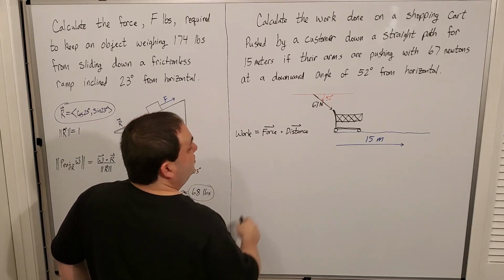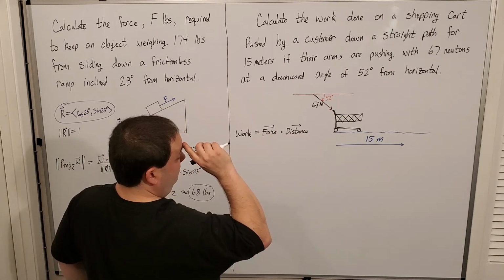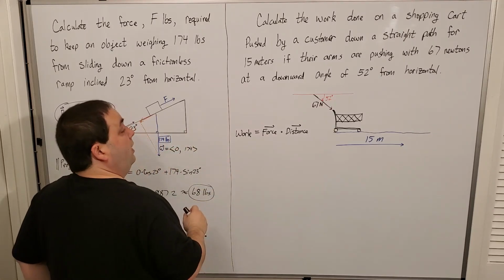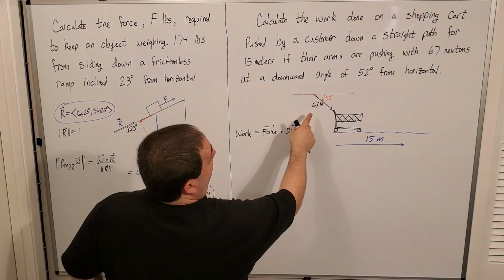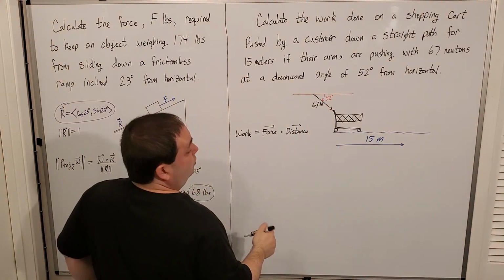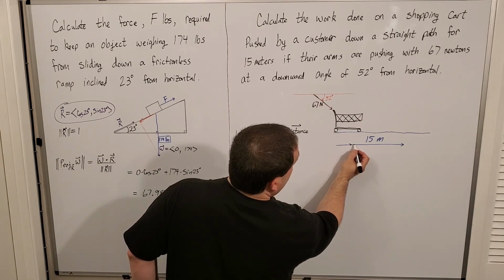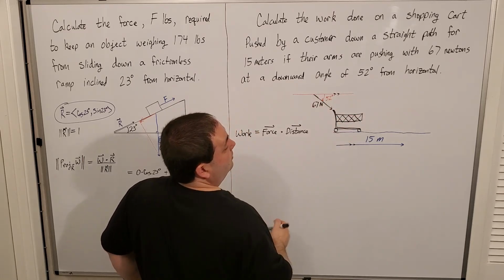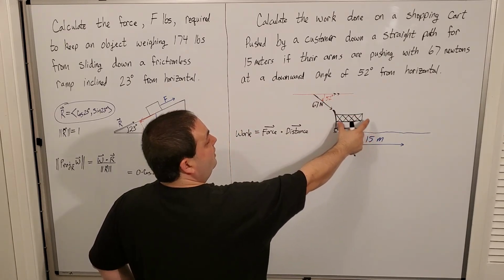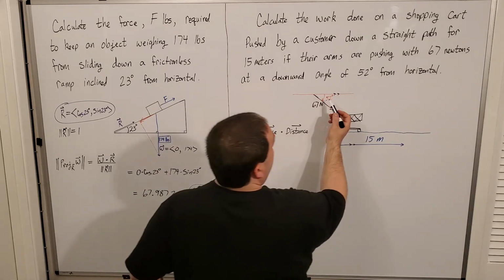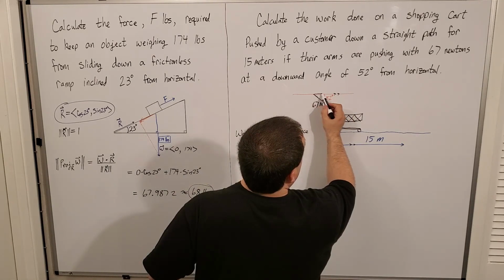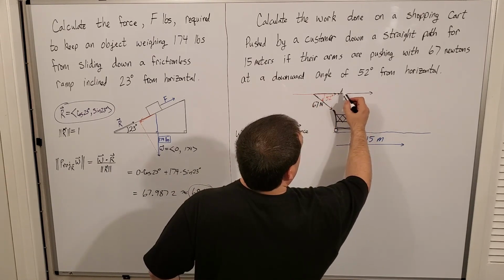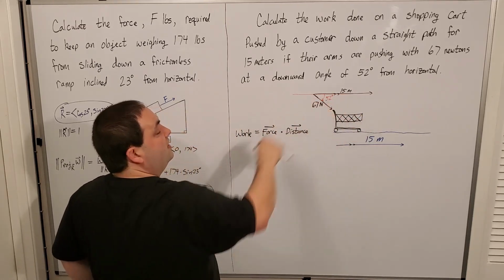Well, when you're doing vectors, it's force dot distance, right? Okay. Well, I can actually take a little shortcut here too, because notice this vector for my distance is parallel to this horizontal here. So essentially, I could take this vector and put it up here, couldn't I? I could say that this is my 15-meter distance vector.